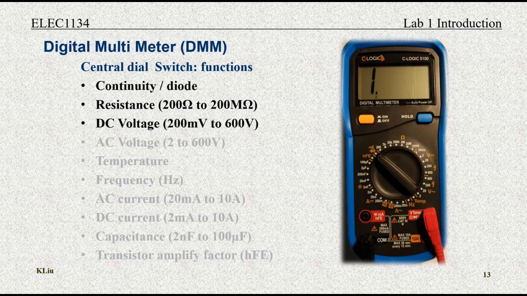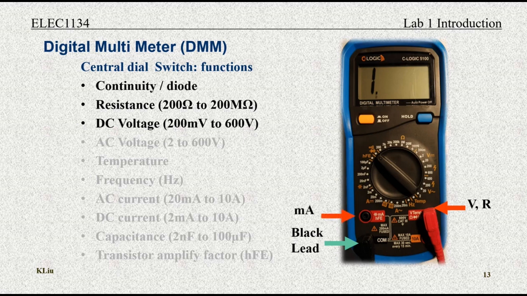There are 2 probes to be connected to the DMM. The black one is always connected to the terminal COM at the bottom left. The red one should be connected to different terminals according to the functions. For measuring voltage V and resistance ohms, the red probe is connected to the top red terminal at right.